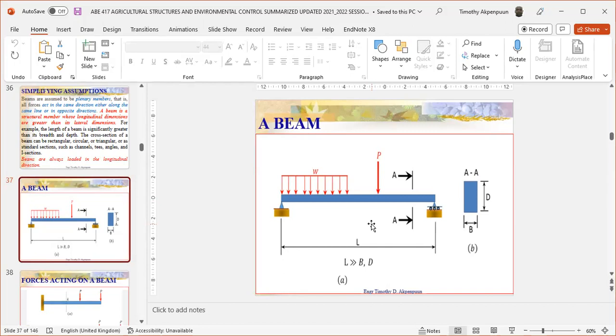How many of you know a 2x4 plank? This plank is used in constructing a truss. Very good. This is going to be an assignment.